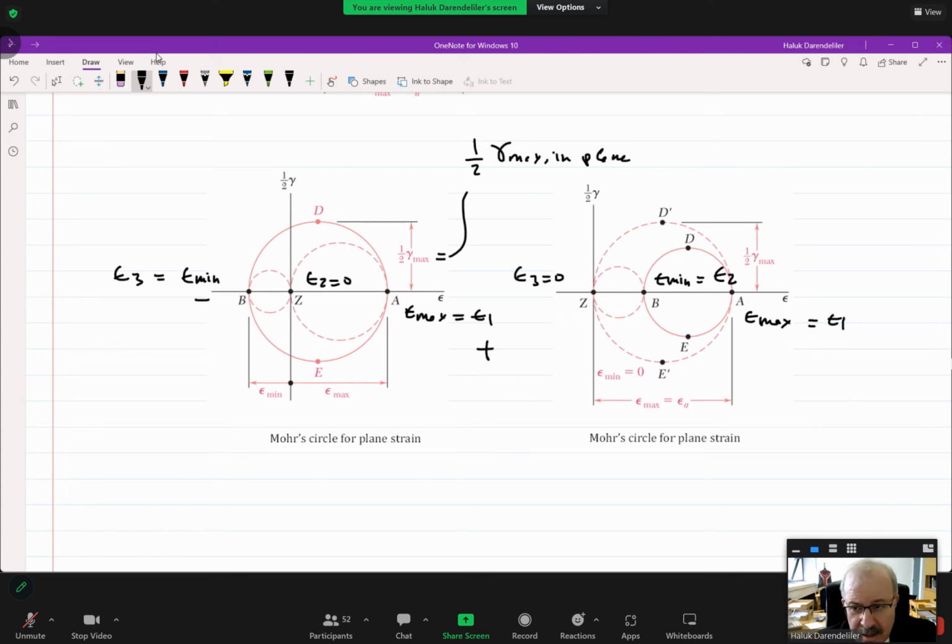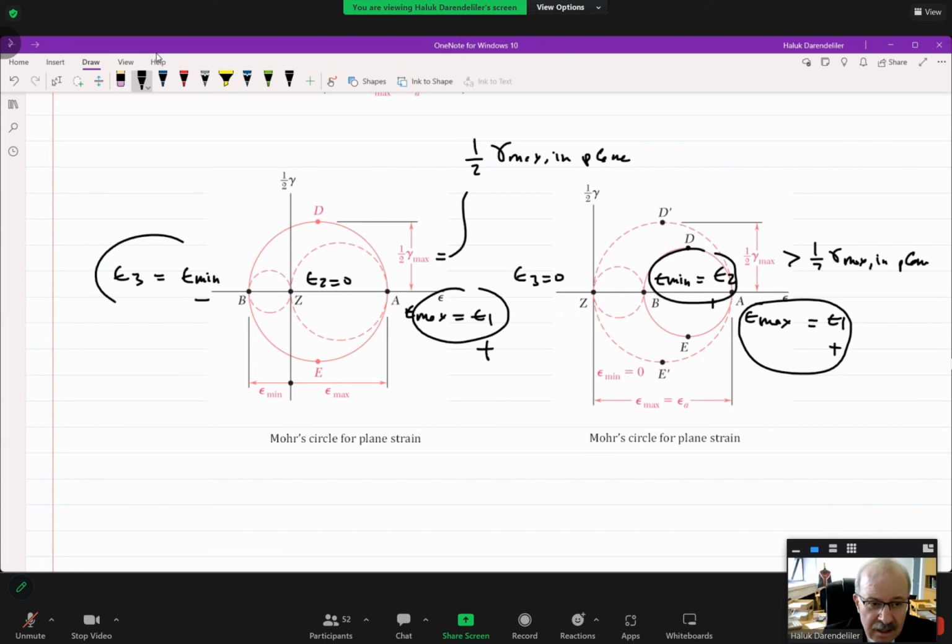But if both are positive in plane strains, then this gamma max is greater than 1/2 gamma max in plane. Okay, so remember, at the end of the solution, the strains that we found by plane strain are this and this, or this and this. The third one is always zero. It changes the value of the maximum tau max on the section.